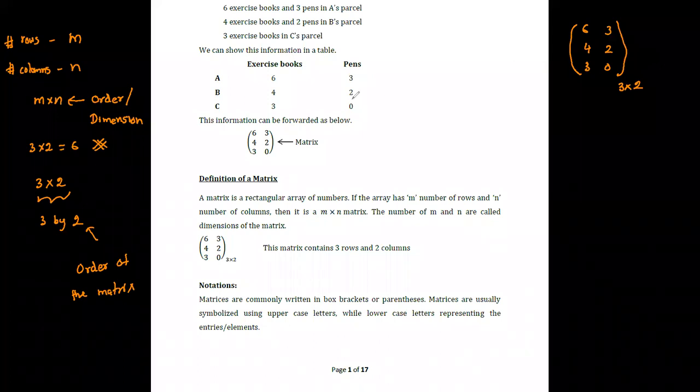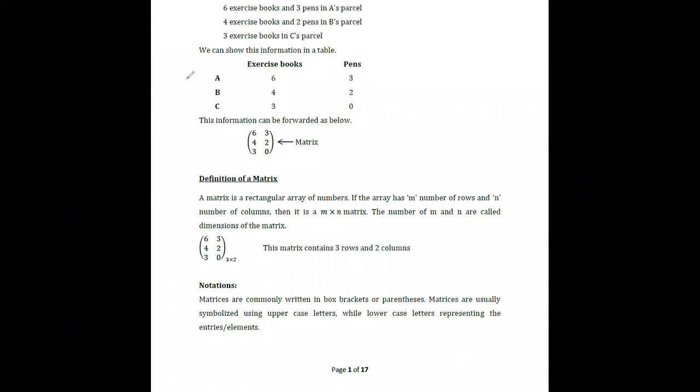Now we will move to the notations on matrices. Matrices are generally written using box brackets or parentheses. In the previous matrices, you may have seen that I wrote 6, 3, 4, 2, 3 and 0.